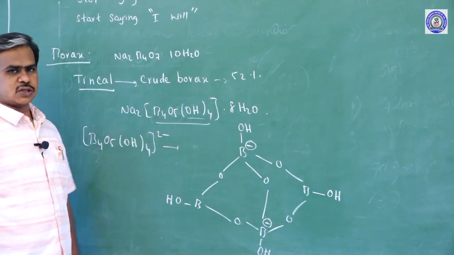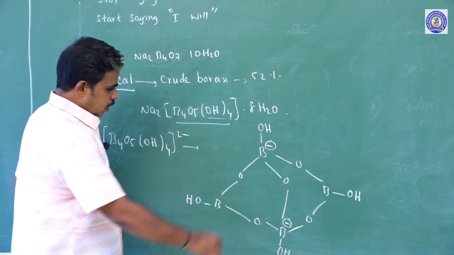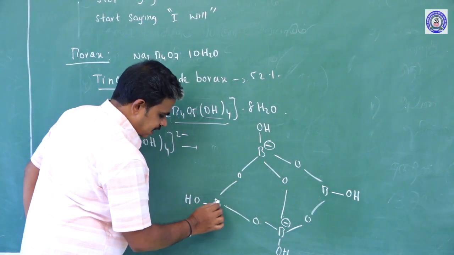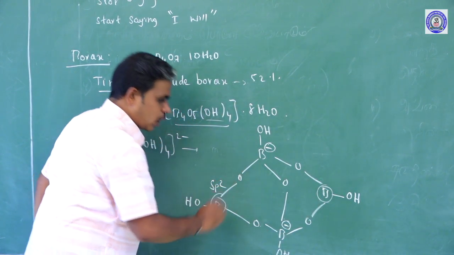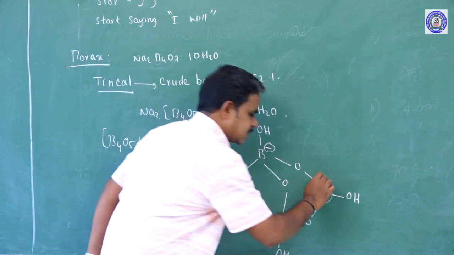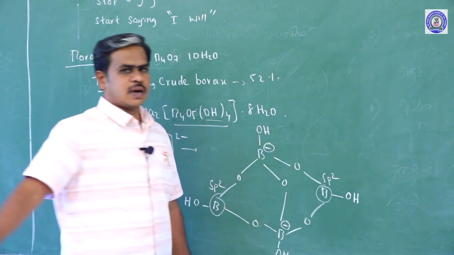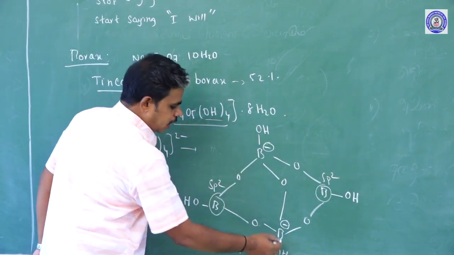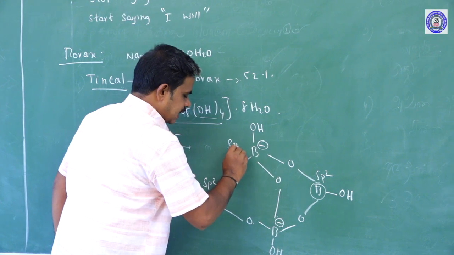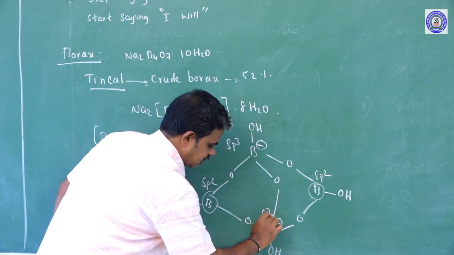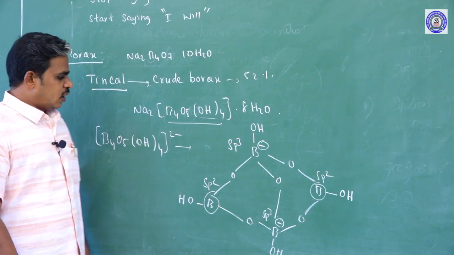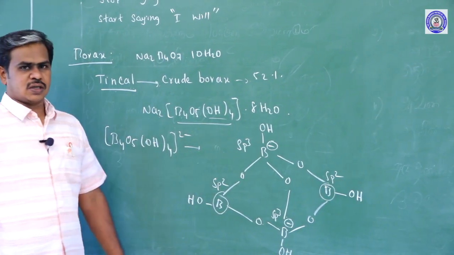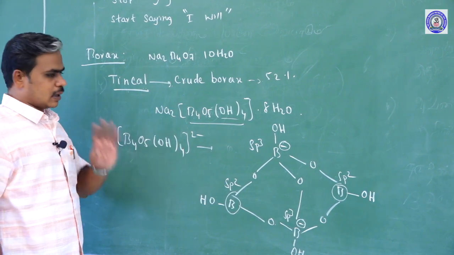Two of the borons are sp2 hybridized, and the other 2 borons are sp3 hybridized. So we may take the borax structure, that is commonly tinkal.